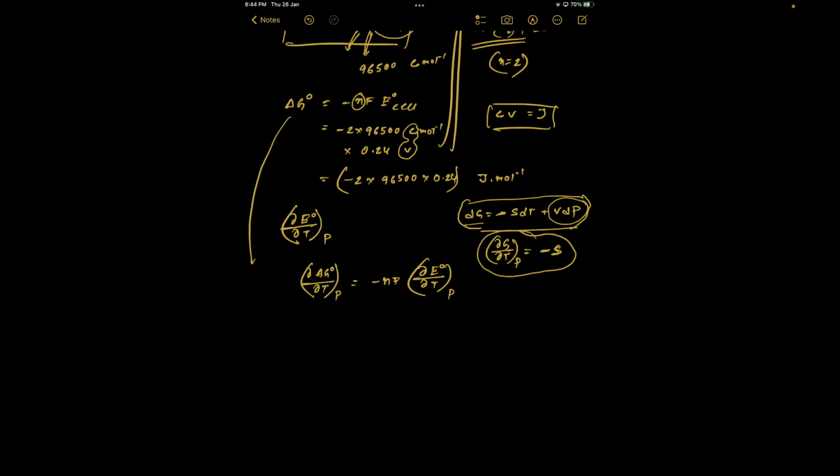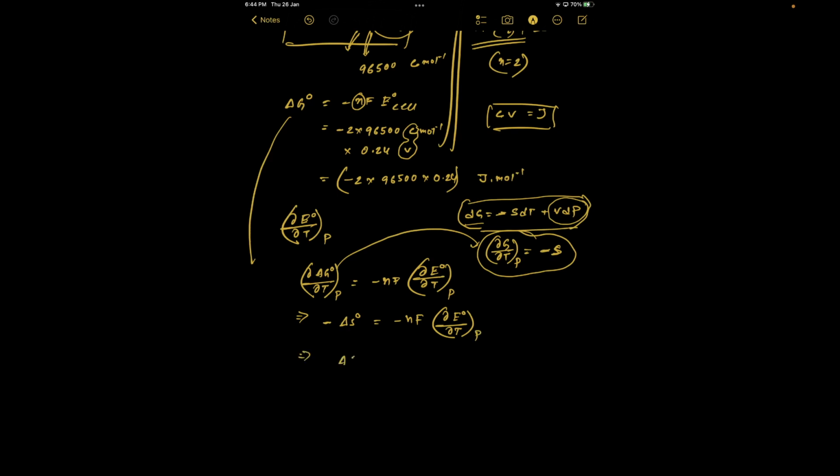Okay, now just compare this with this. So here ∂ΔG0/∂T at constant P equal to minus S here, so it will be equal to minus ΔS0 will be equal to minus nF ∂E0/∂T at constant P, right?